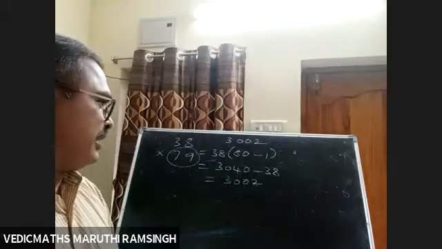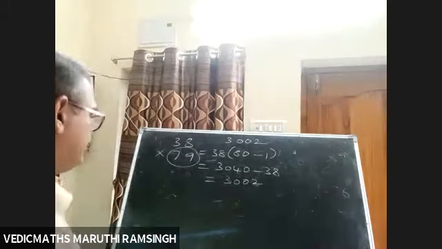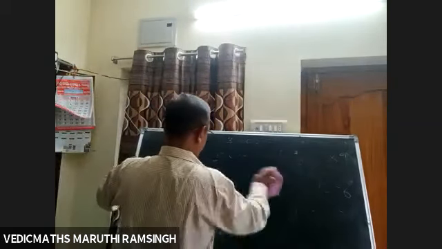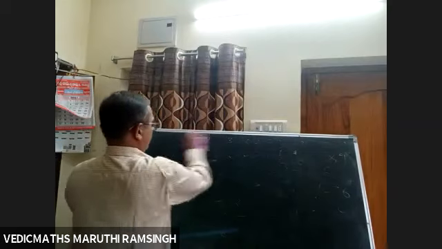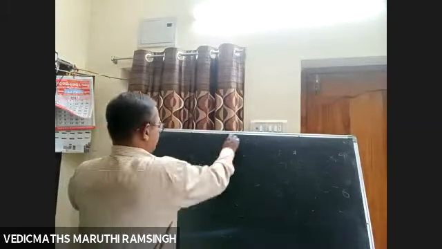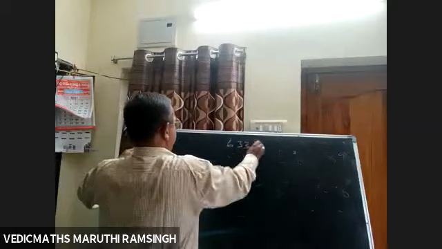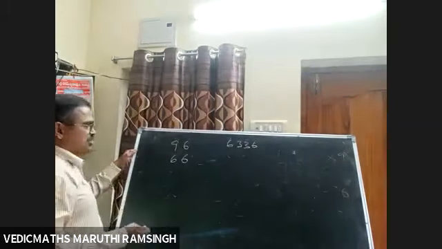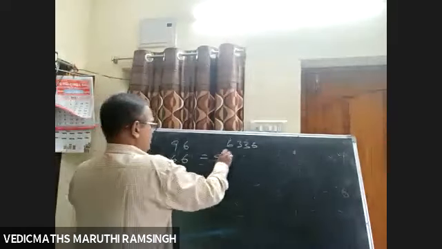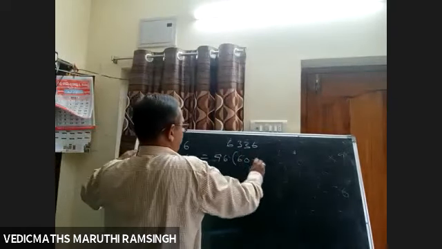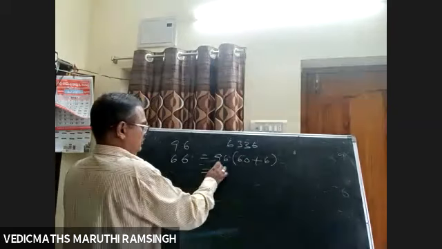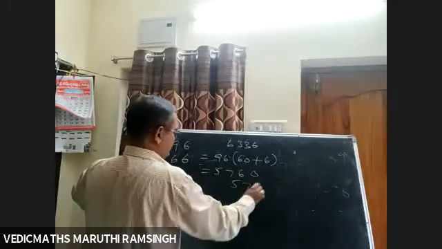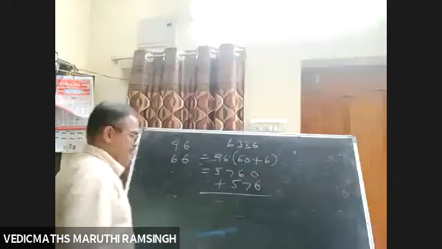96 multiplied by 66. 6336. Here I use the same formula again. 96 into 60, 5760, plus 576.